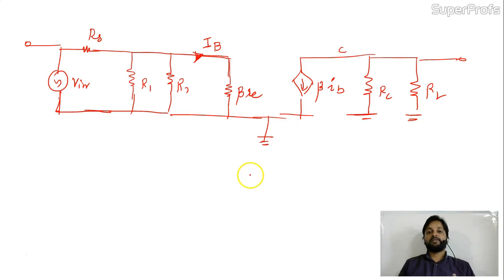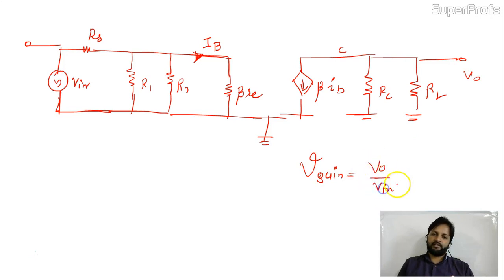Okay, now in this type of circuit, they will ask you to find out the voltage gain. Voltage gain means V out divided by V in. So what does it mean? You have to solve this circuit from this to this. Then only you can get V out by V in, or voltage gain.